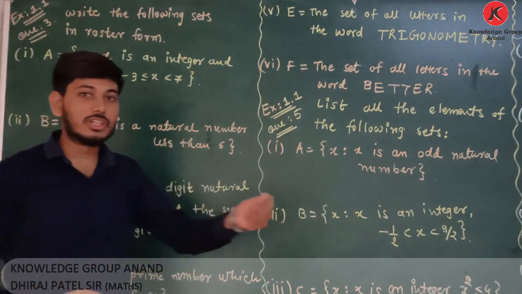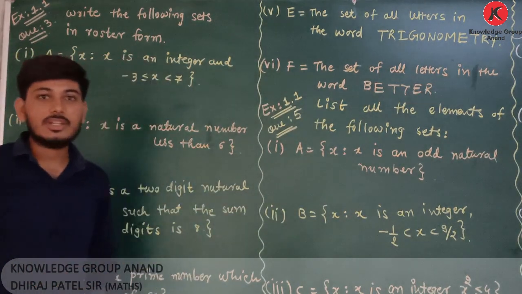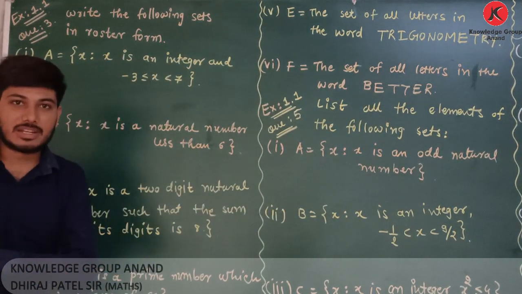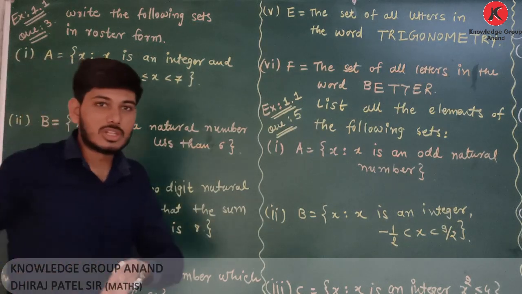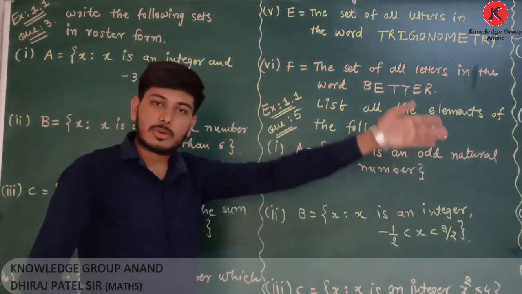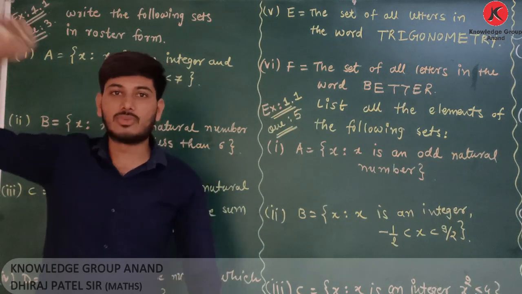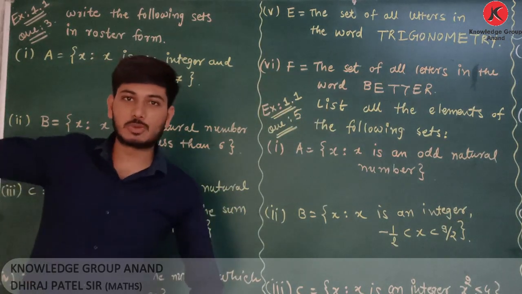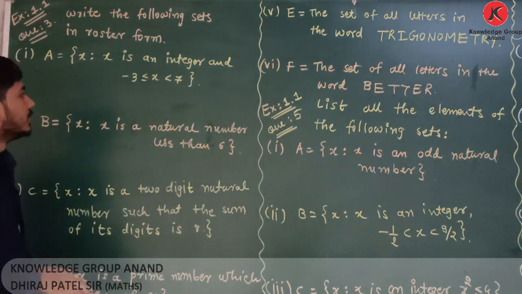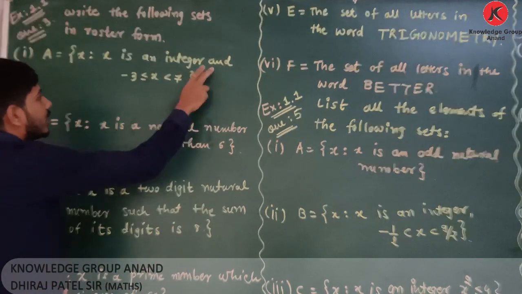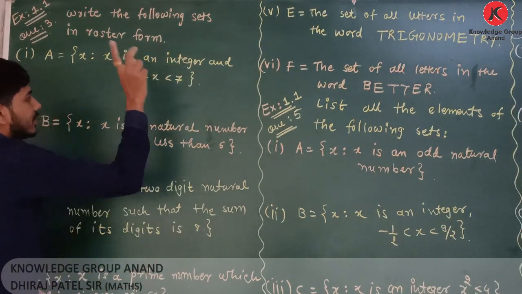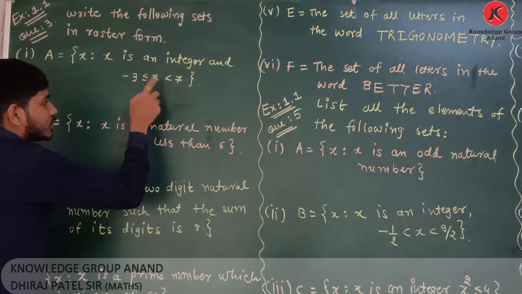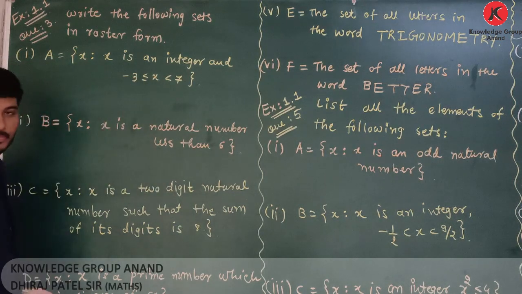The list of integers are minus 3, minus 2, minus 1, 0, 1, 2, 3, 4 up to infinite. Same for the left hand side, minus 4, minus 5, minus 6 up to infinite. But we have to consider only those integers which will satisfy this condition also.